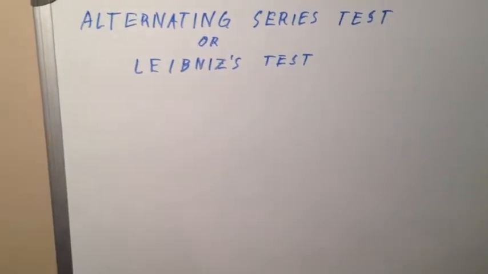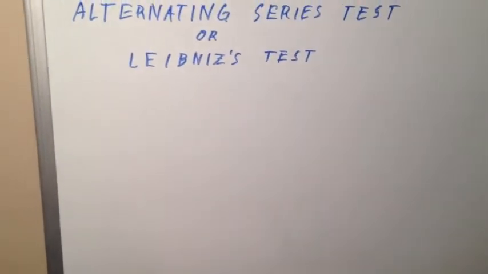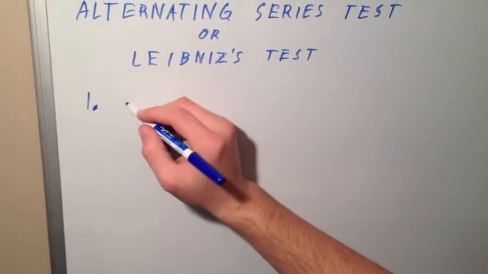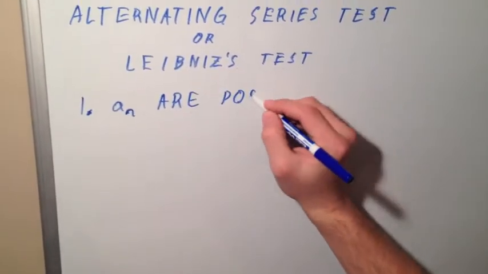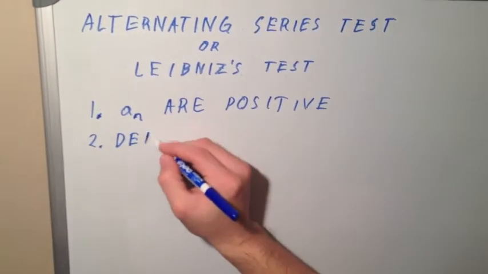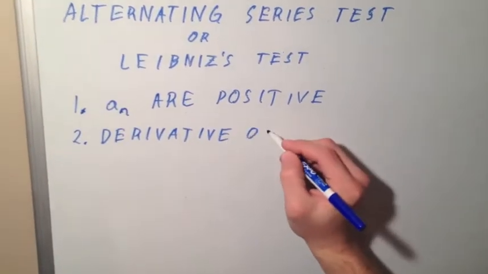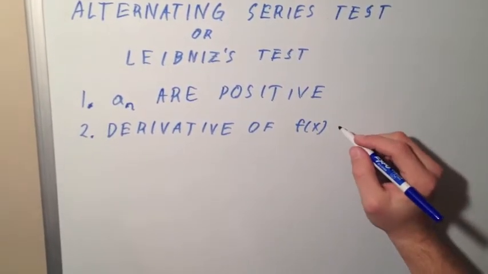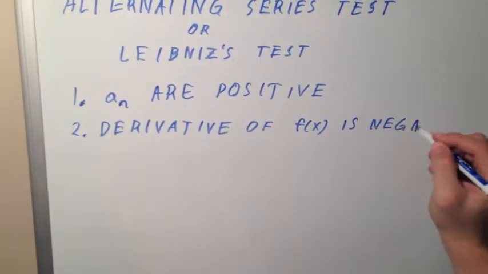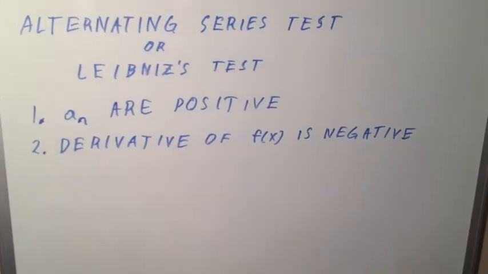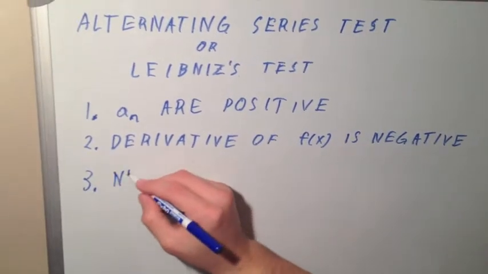For this test, our summation must meet three conditions. The first of these conditions is that all the terms in our summation are positive. The second condition is that the derivative of the equation in our summation is negative. For our third condition, we do the nth term test.